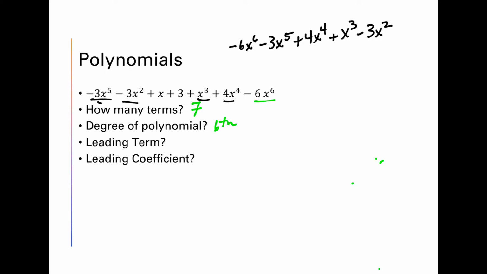And then plus x and plus 3. So this would be just rearranging it in descending order of degrees. The leading term then is kind of obvious, right? You don't have to do that to figure this out, but the leading term would be the negative 6x to the 6th, and the leading coefficient would be the minus 6.